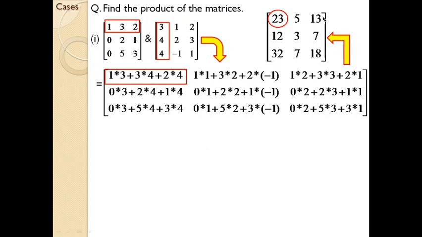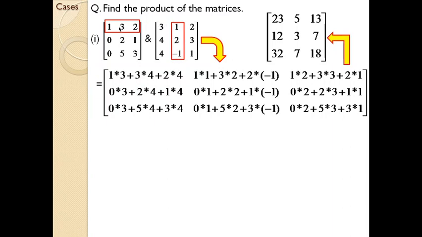Likewise, you need to find all the 8 remaining elements. Don't worry. We will discuss about that part. Next one. I hope you are following it. So you multiply first row with first column. Once you dealt with the first column, you have to multiply the first row with the second column.